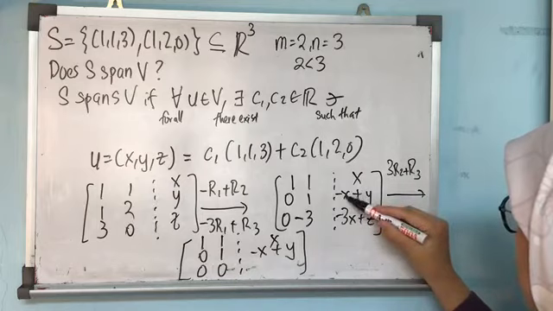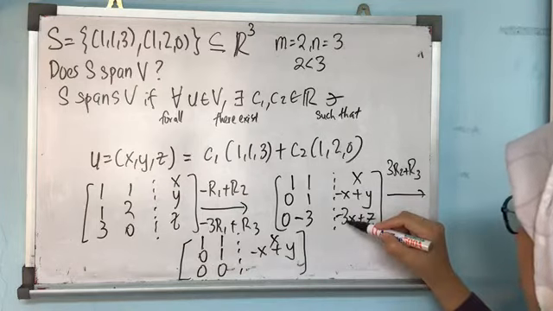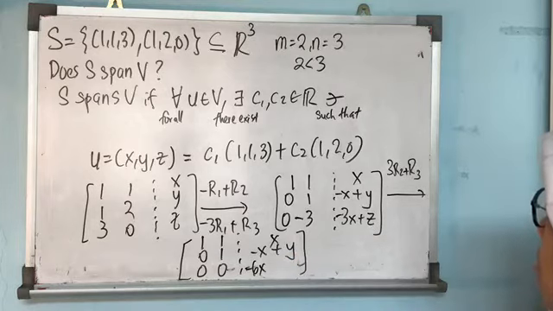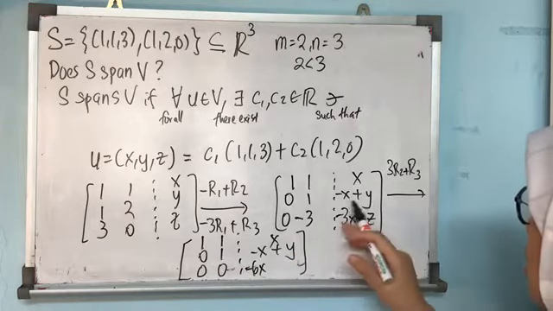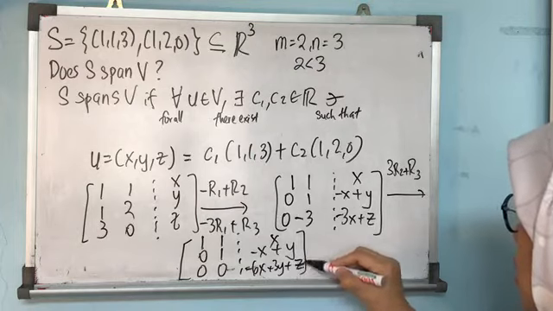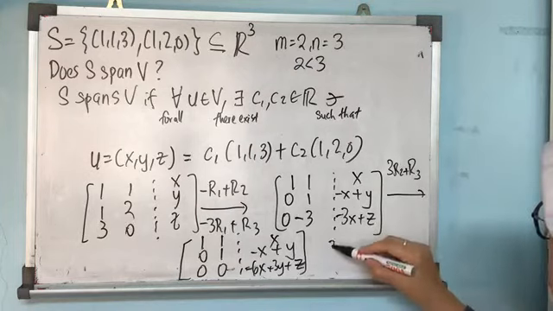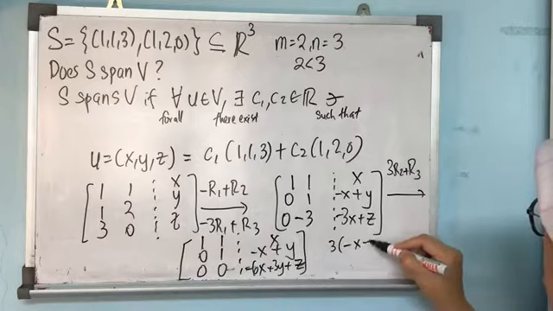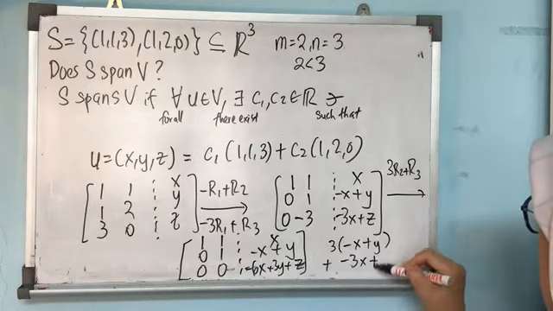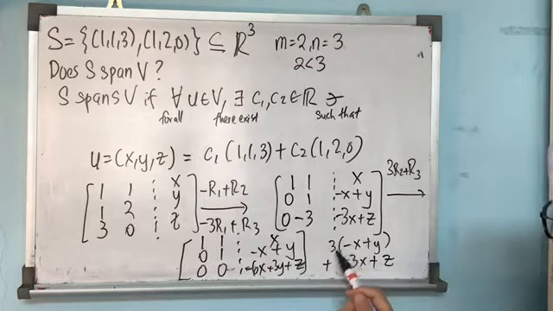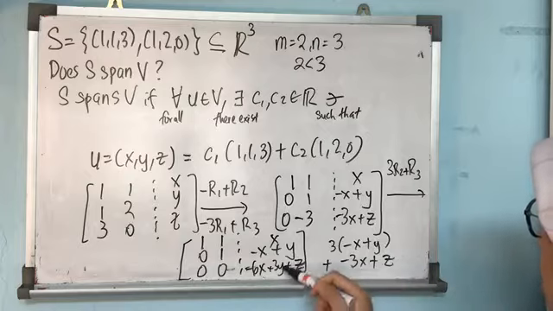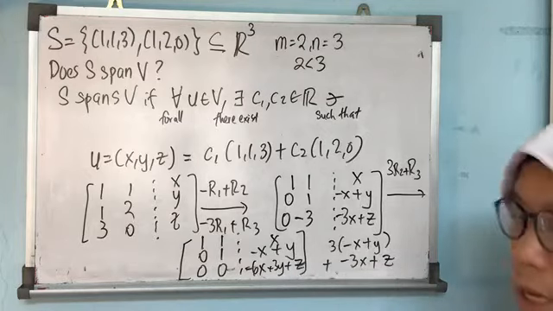So negative 3X add with negative 3X, negative 6X, and then you have plus 3Y plus Z.